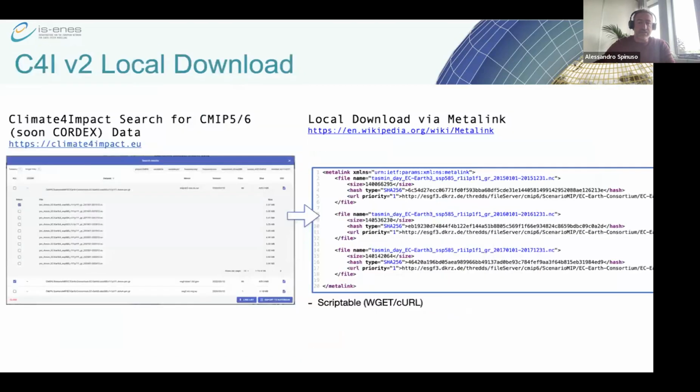Having done this, then typically what happens, according to the former and more, let's say, old school way of doing analysis on this type of data, we provide the opportunity to select information and data per file and to obtain what is called a metalink file that collects all the results of the user selection, which is coming from the search that has been obtained by the parameterization and options that I was showing before.